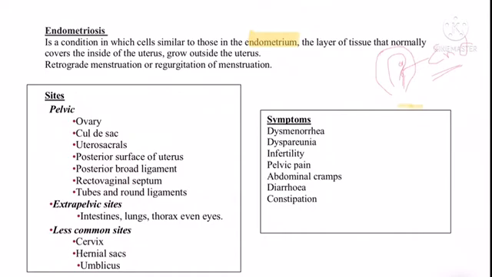Okay, so what is the pathophysiology, and why can the inner lining of the endometrium be seen outside the uterus? Because of retrograde menstruation, or we can say regurgitation of the menstruation, or retrograde flow of the menstruation.